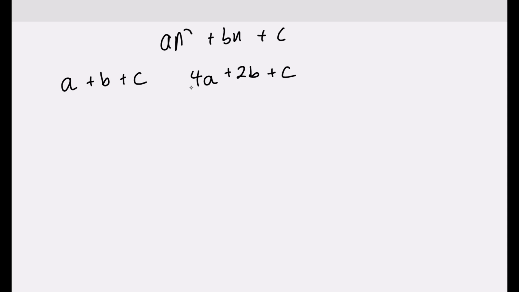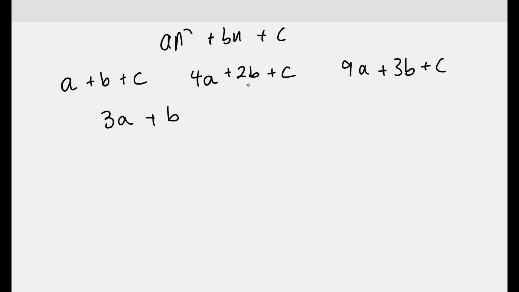So the difference between these two, difference between a and 4a is 3a, difference between 2b and b is b. So that's where the 3a plus b comes from. And I'll have to do the next term. So the third term, n is 3. 3 squared is 9, so 9a plus 3b plus c.